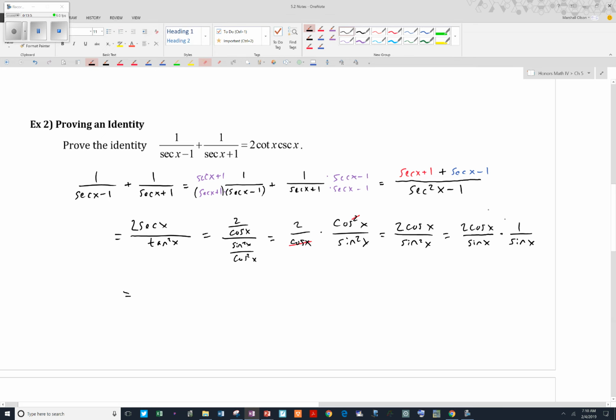Then the cosine over sine becomes 2 times cotangent, and the 1 over sine becomes cosecant, which is exactly what we're looking for. So that is how we verify that identity. Be careful with your Algebra 1 steps right there because it can get you.